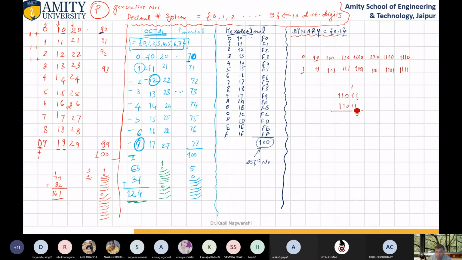Then 1 plus 1 plus 1 is 11, write 1 and carry 1. Then again 1 plus 1 is 10, and carry 1. Then again 1 plus 1 plus 1 is 11. So this is your answer. Okay. Any doubt?